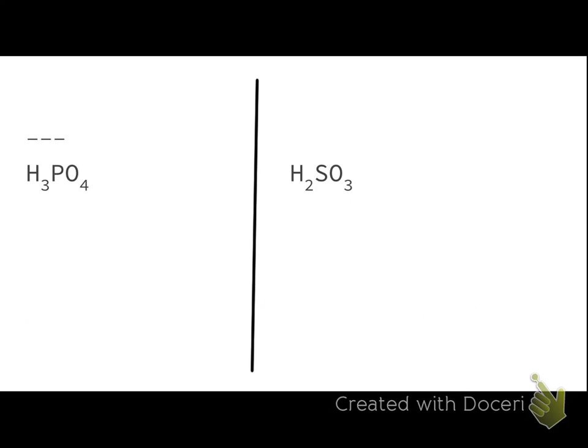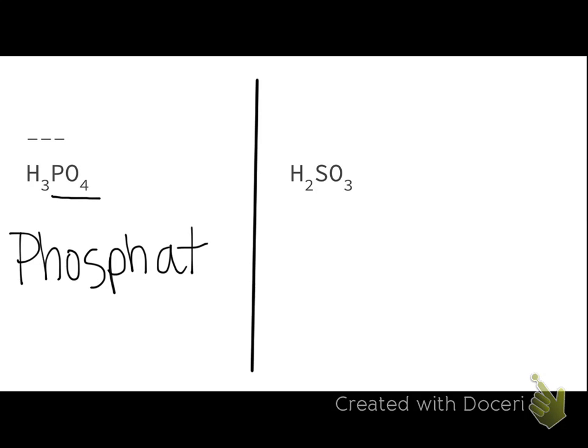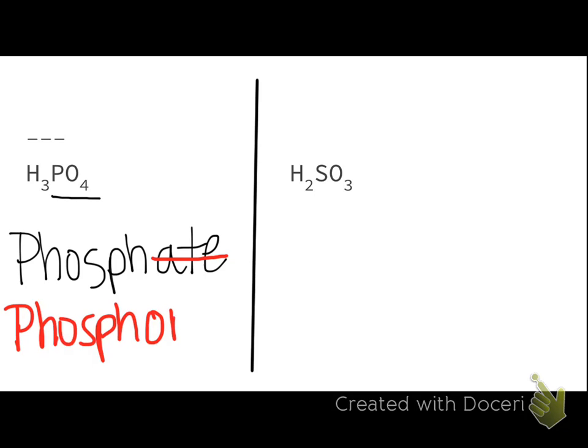All right, looking here. PO4. PO4 is phosphate. All right, got to get rid of my 8. I ate something icky. Okay, so this one's a little bit different because we don't change it to phosphic, we change it to phosphoric.